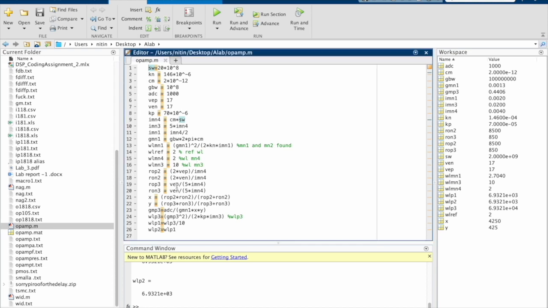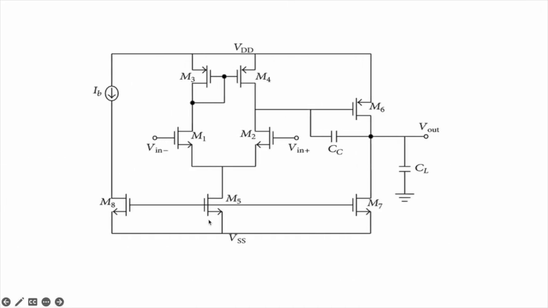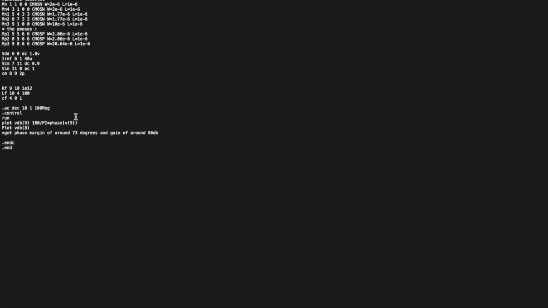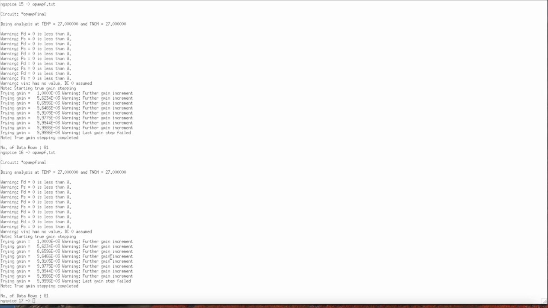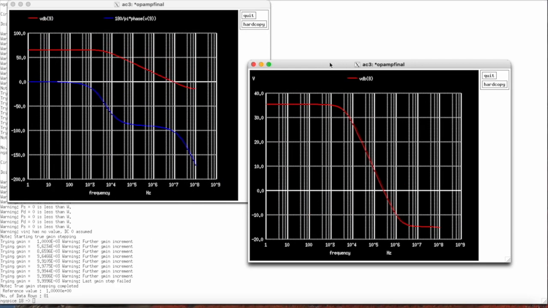This is the code for it, and I choose the appropriate specifications for the OPAMP. From these specifications I got the value of W by L, and I simulated the circuit using ngSpice. This is the code in ngSpice, and these are the plots obtained by it.